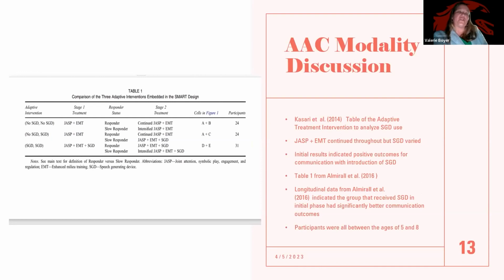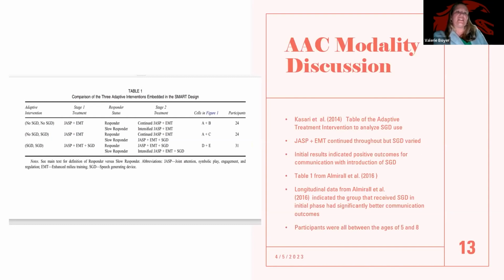They had different groups which had SGD, or speech generating devices, introduced at different times. They also used what's called a SMART design, where the child's response to the initial intervention predicted where they would go next. And you can see that on here.